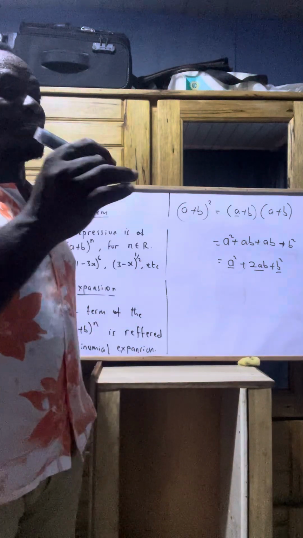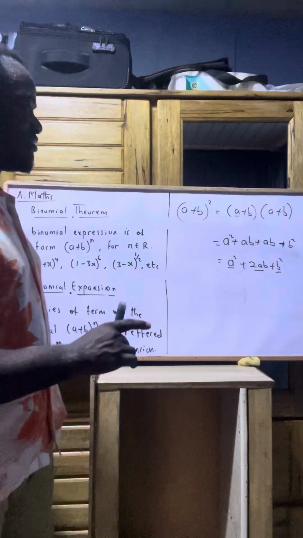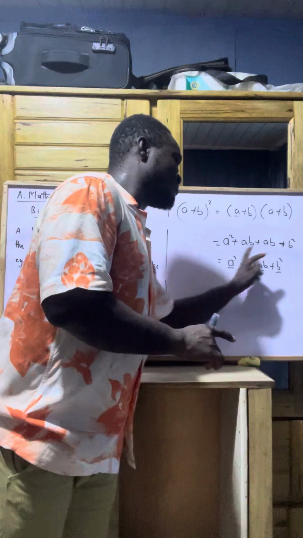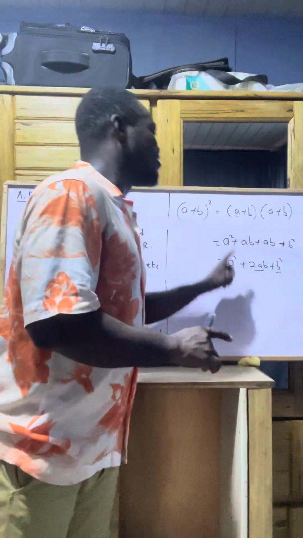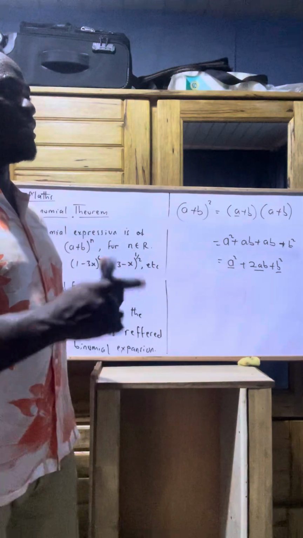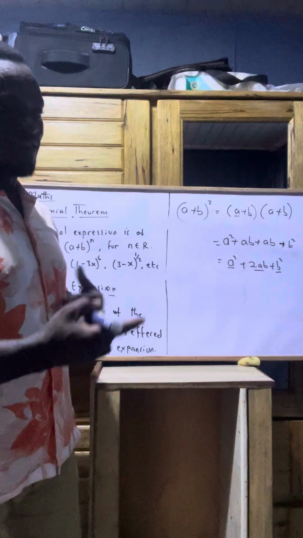So we'll have different series relating to the power of the what? Of the binomial. So what I'm trying to say is that this is a term, these terms form a series, and this series was deduced from the fact that I have an exponent 2. So when the exponent is 3, it means we'll have a different series deduced. Good.